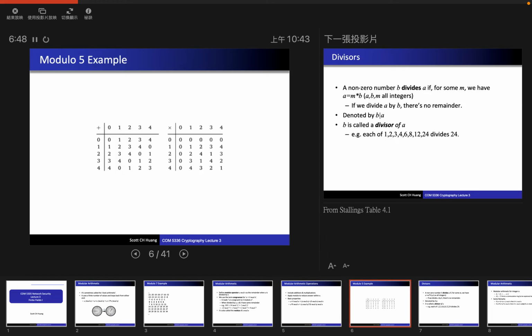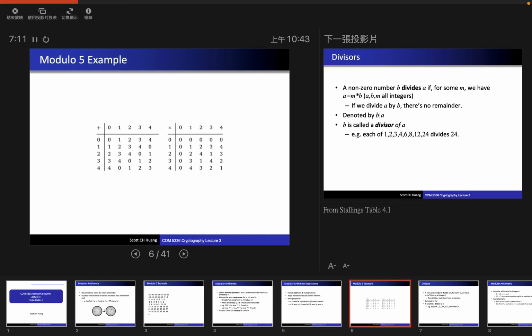So we have a mod 5 example. We can list the addition table and multiplication table this way. It's very similar, but something is a little different. For example, 3 times 3 is equal to 4.